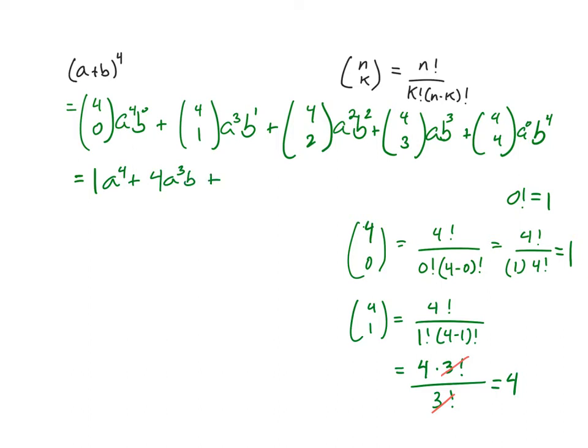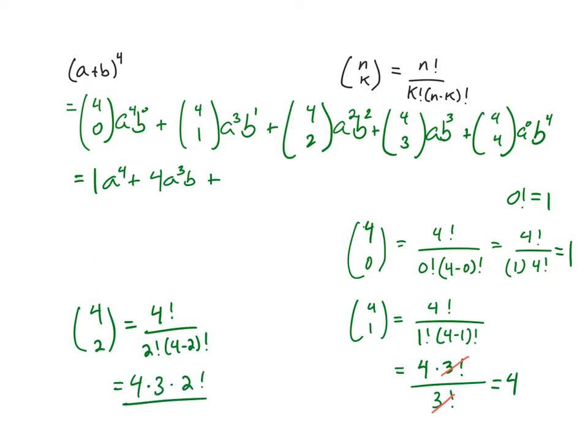Plus, I'm going to do the same with 4 choose 2. So this is the same as 4 factorial divided by 2 factorial times (4 minus 2) factorial. Okay, so this is 4 times 3 times 2 factorial divided by 2 factorial times 2 factorial, right?